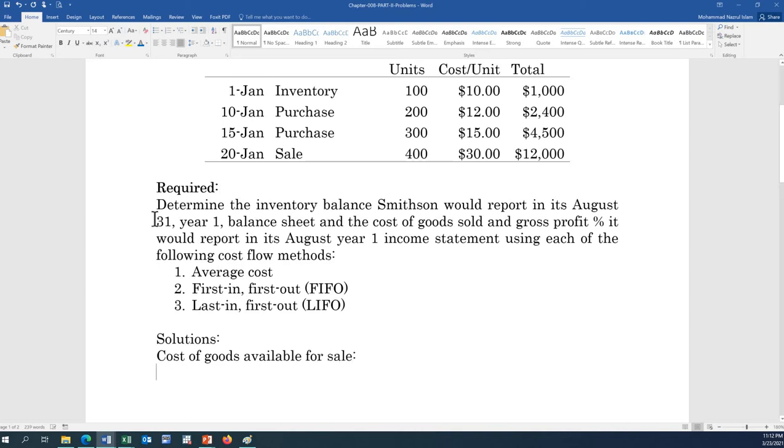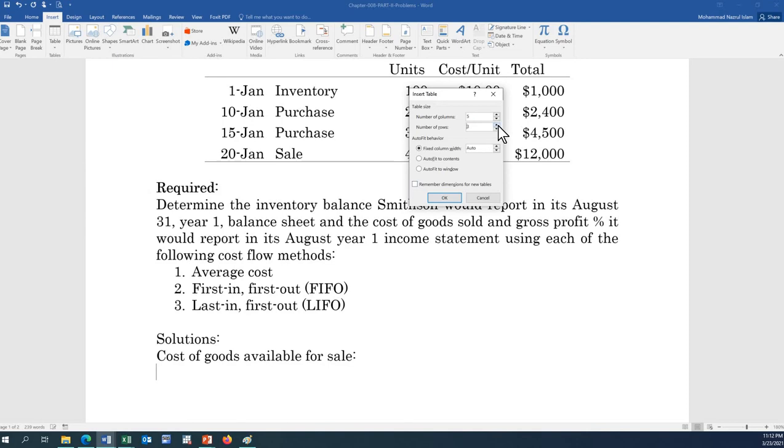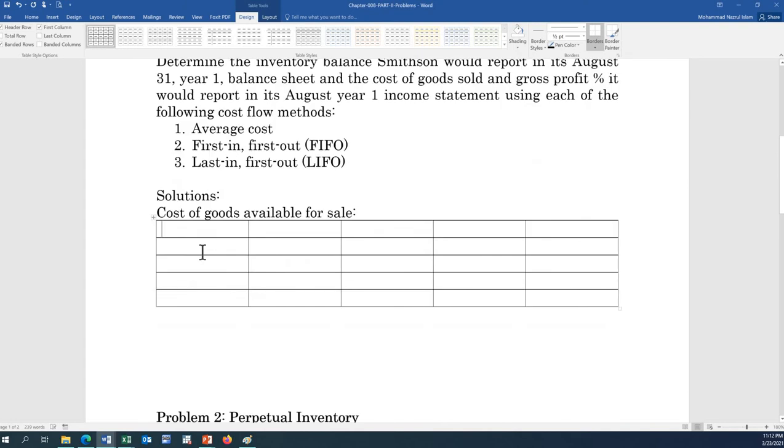So in this case, let's insert a table with 5 columns: date, description, units, cost per unit, and total.